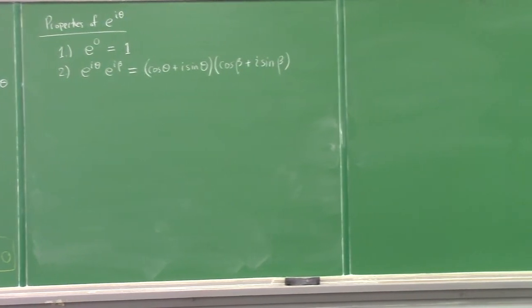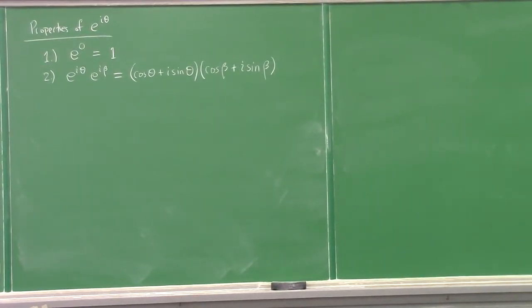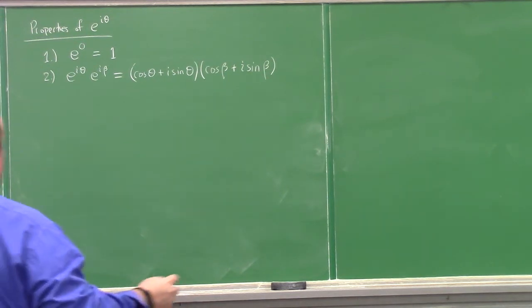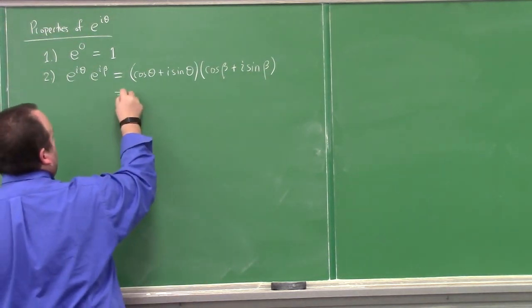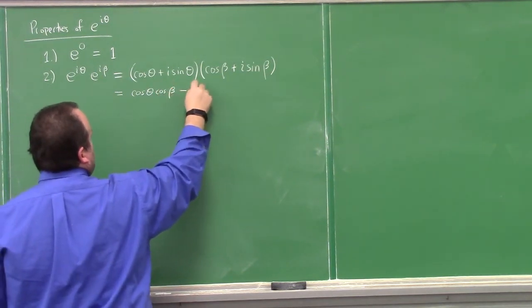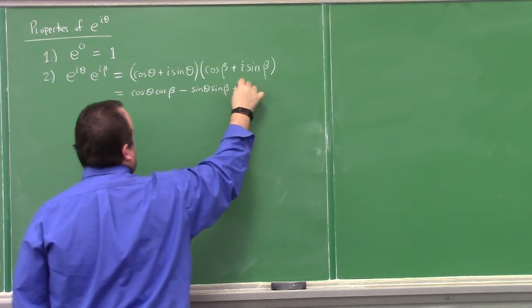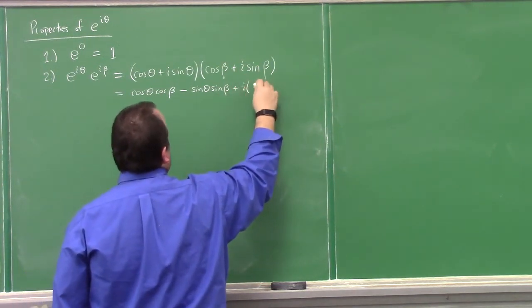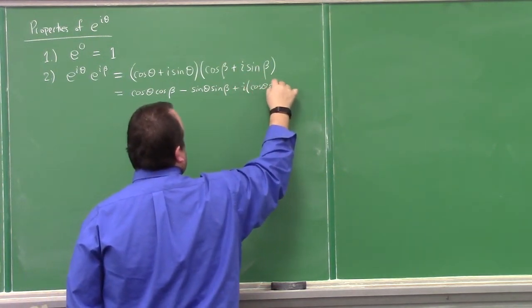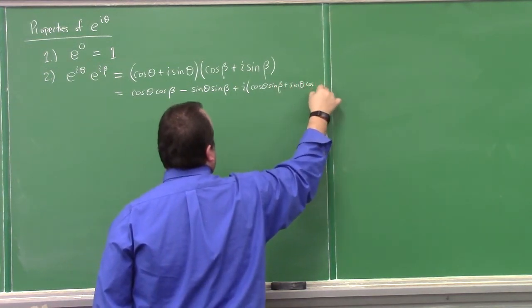What happens? We get cos theta cos beta minus sine theta sine beta, plus i times parentheses cos theta sine beta plus sine theta cos beta.